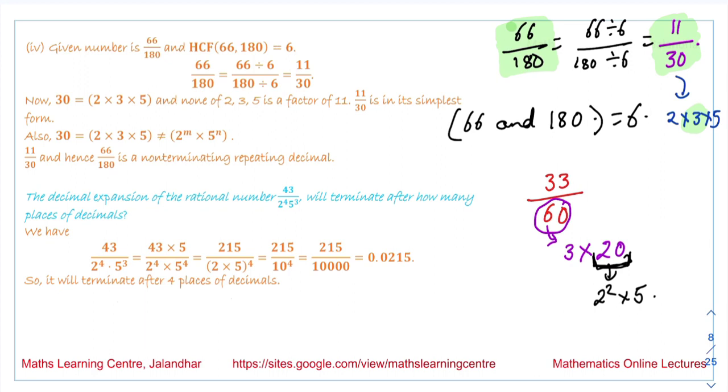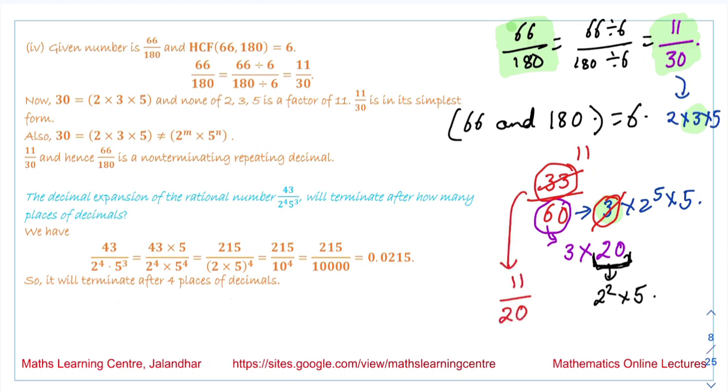If I am not simplifying this and just write that 60 has a factor 3, then we get 3 in the denominator, so we would say it has a non-terminating and repeating decimal representation. But we see that 33 has a 3 in it, and it is a common factor, so we can simplify these terms and it will become 11. So the simplified form of this term is 11 by 20.